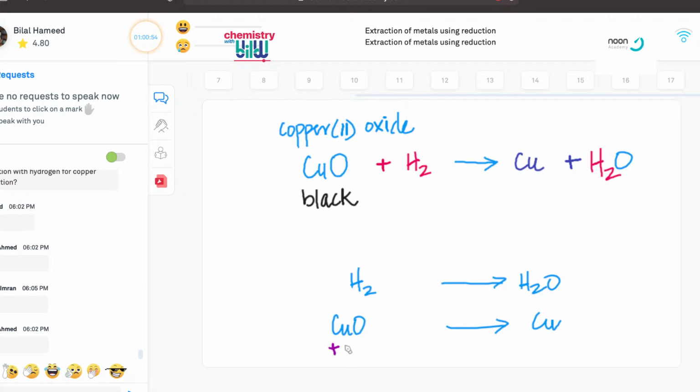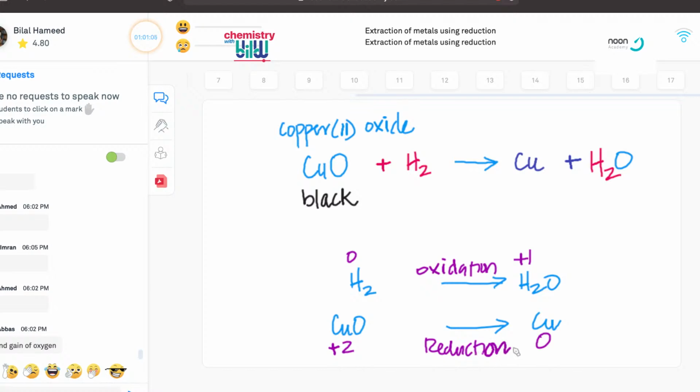Oxidation states +2, 0, and hydrogen 0, +1. So hydrogen undergoes oxidation and copper undergoes reduction. I always want to label oxidation and reduction using oxidation states.